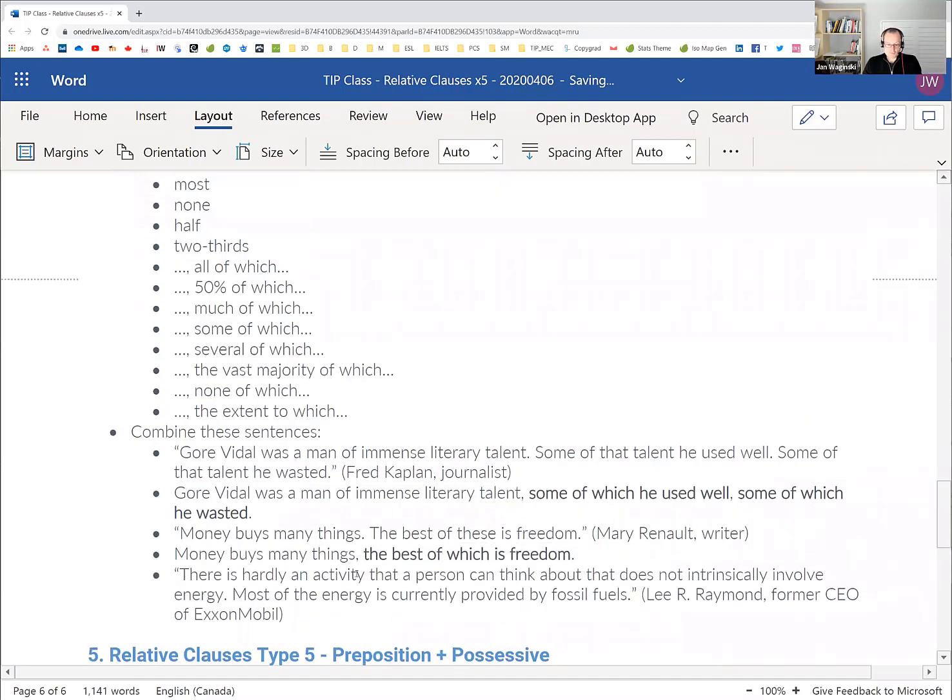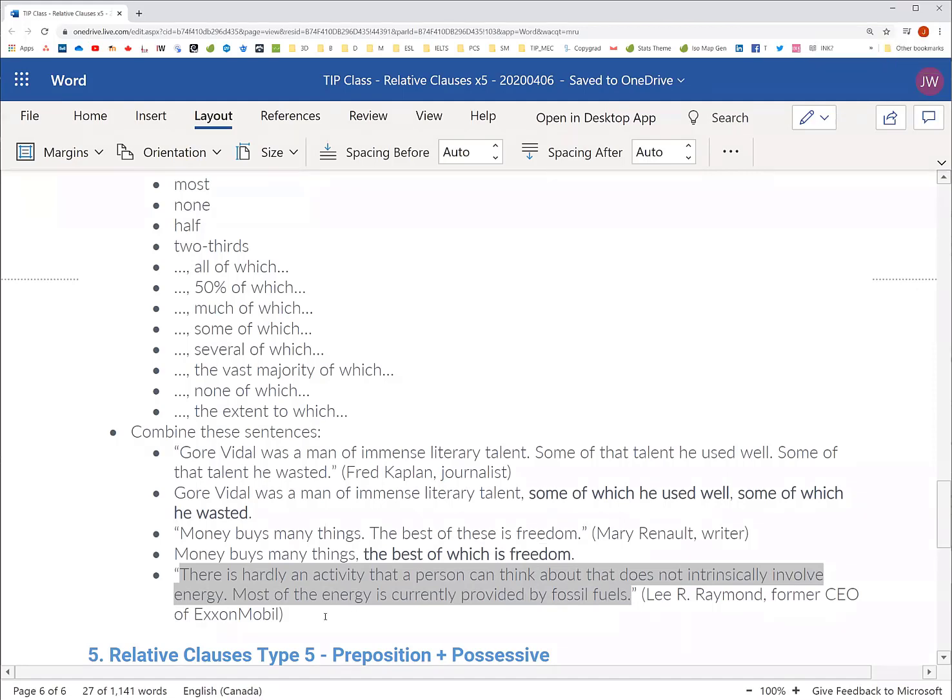Okay, a quote by the former head of ExxonMobil. There is hardly an activity that a person can think about that does not intrinsically involve energy.